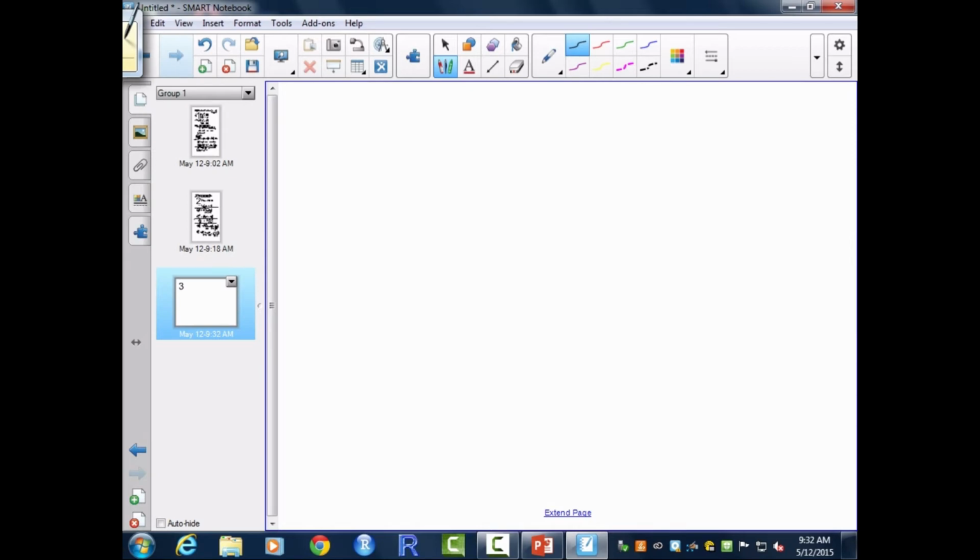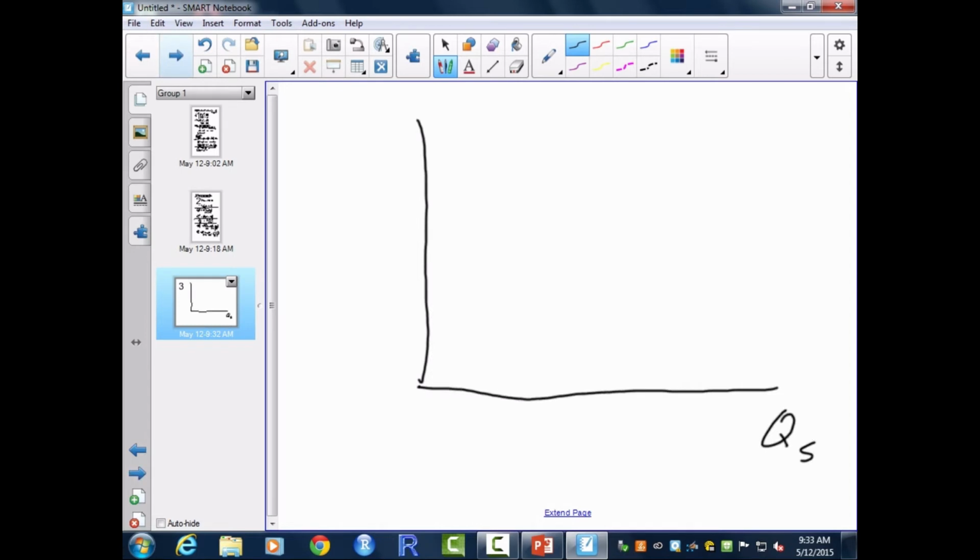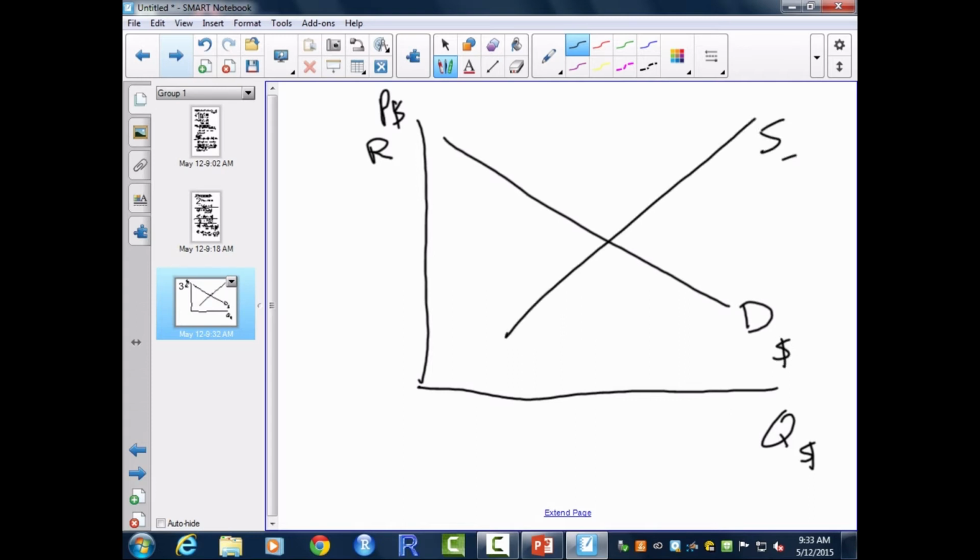Let's look at the situation here. So here is a quantity of dollar on this axis. Here I put price of dollar. Again, price of dollar, we mean R. Okay? You have a demand for a dollar. You have a supply of a dollar. And this equilibrium would be the exchange rate.